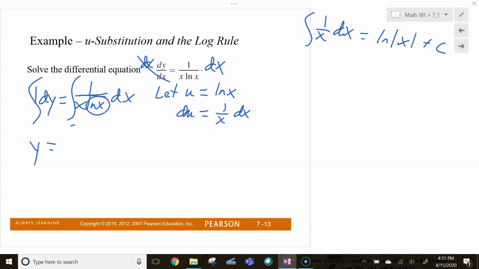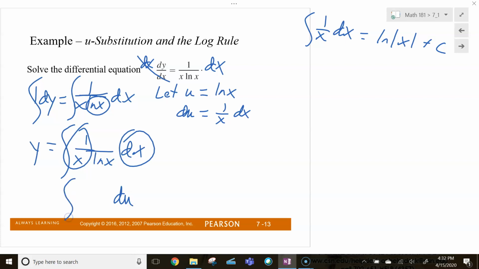Now let's look at this. So I've got 1 over x, I've also got this ln of x dx. So here, 1 over x dx, there's my du. And then there's my u, so I got 1 over u. And now we can run the integral, right? This is the same as right here.